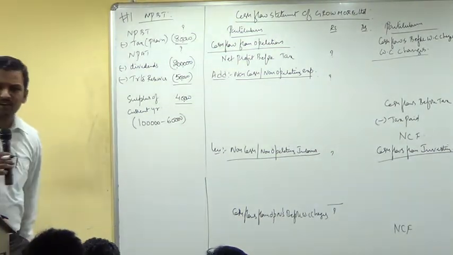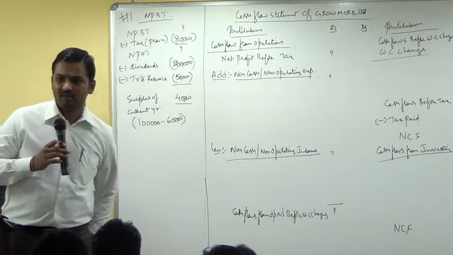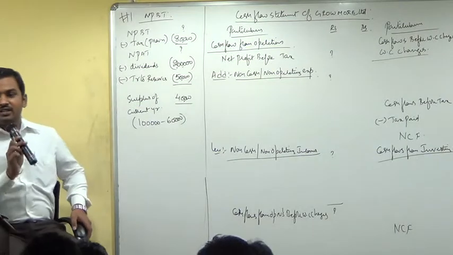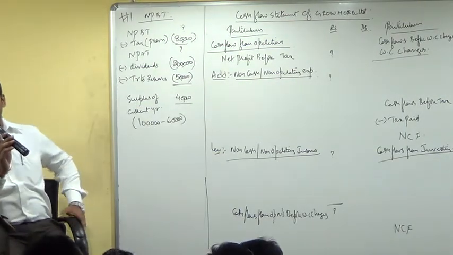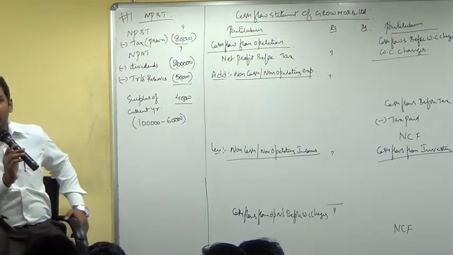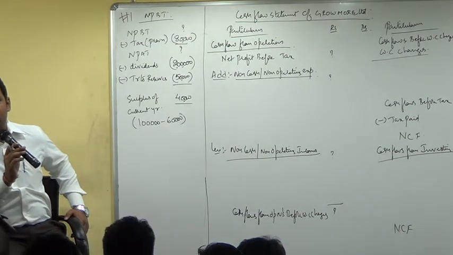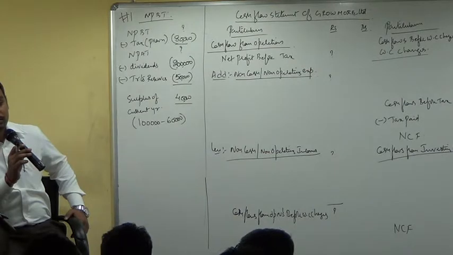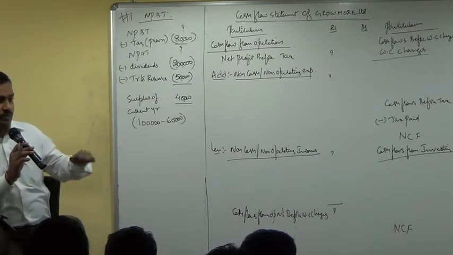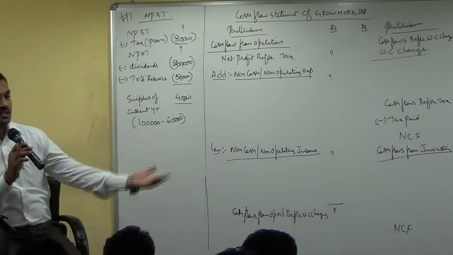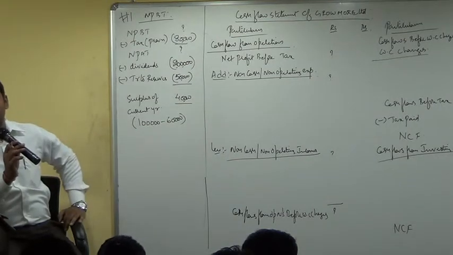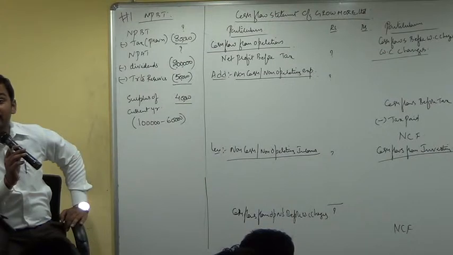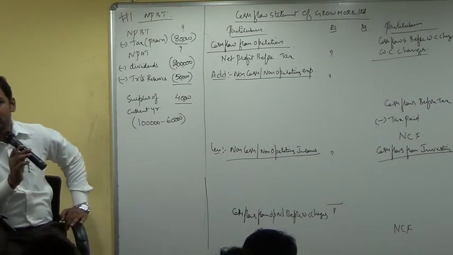See, I'll tell you the format of proposed dividend once again. When dividends are proposed, we pass an entry: P&L appropriation account debit to proposed dividends. Profit balance reduces, proposed dividend balance increases. When dividends are declared, proposed dividends account debit to dividends payable account.